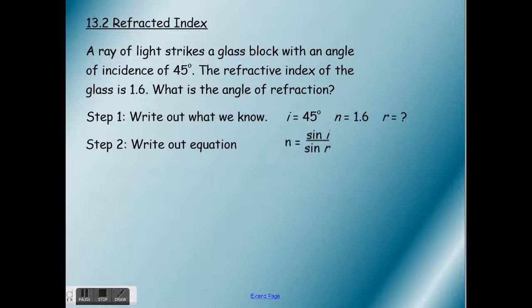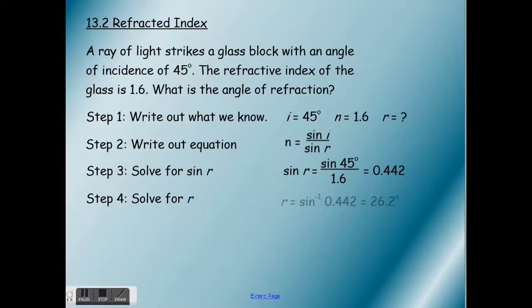Now our goal is just to solve for R. Most of you probably already know how to solve this, but I'm going to take it one step at a time. First we solve for sine R. Sine R is equal to sine of 45, which is our angle of incidence, divided by n, which is 1.6, our refractive index. So sine of R is equal to 0.442. And then lastly, I solve for R itself by taking the sine inverse.